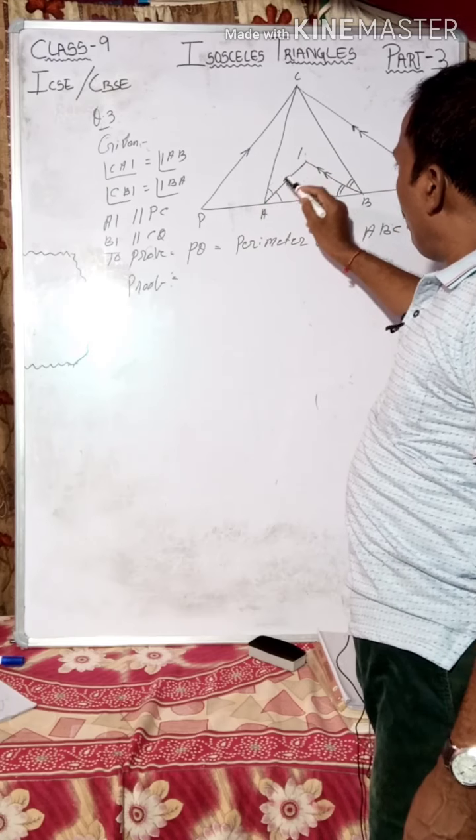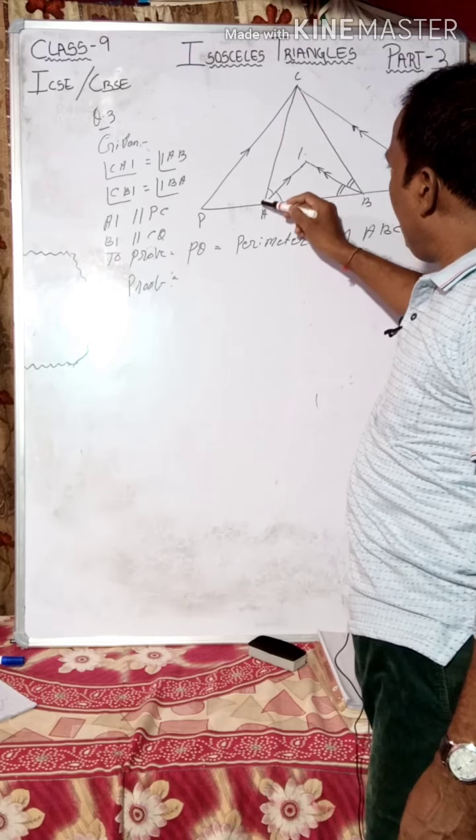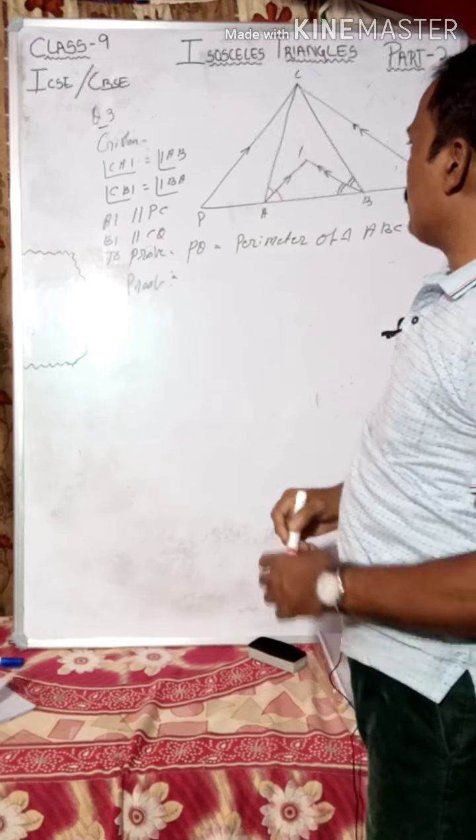PC is parallel to IA, and AC is the transversal.